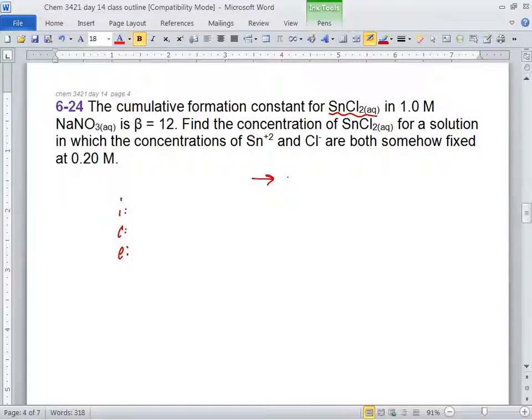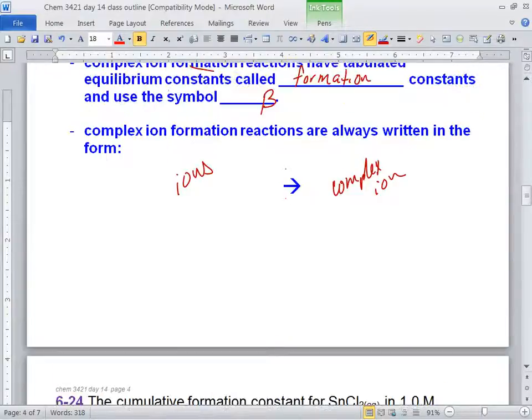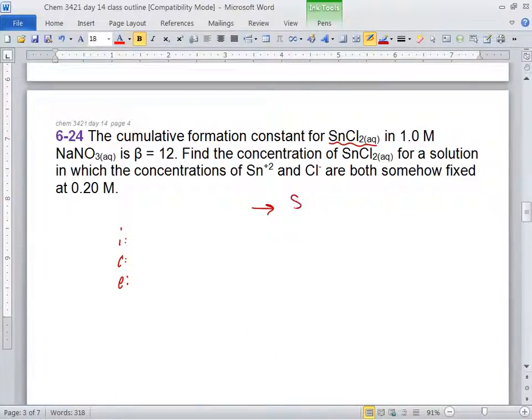Goes on which side? Ooh, someone said, right? Always on the product side. SnCl2. Okay. And then on the other side is Sn plus 2Cl. Yeah. Okay. Marlena, now what?